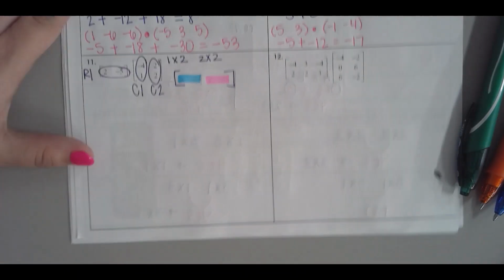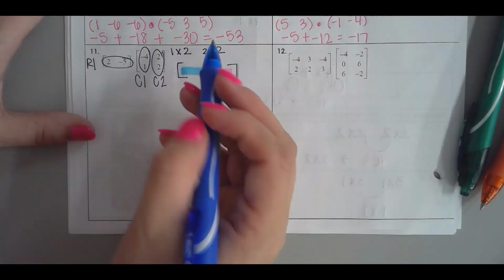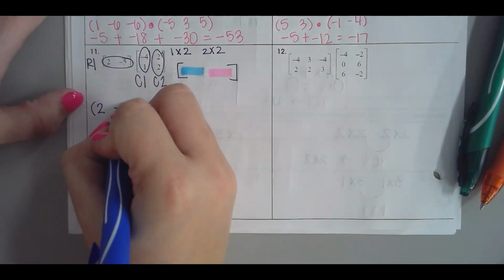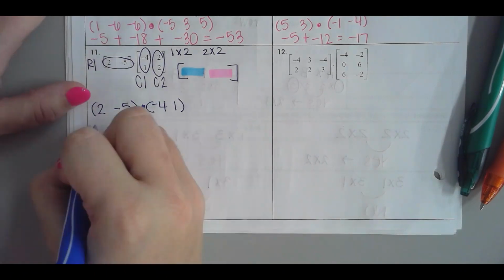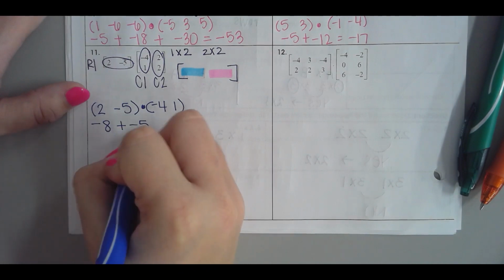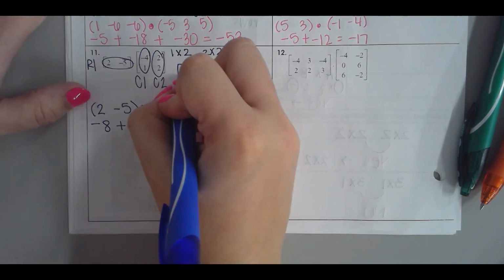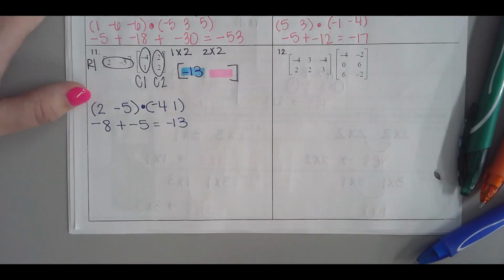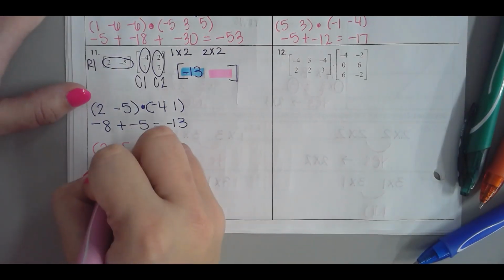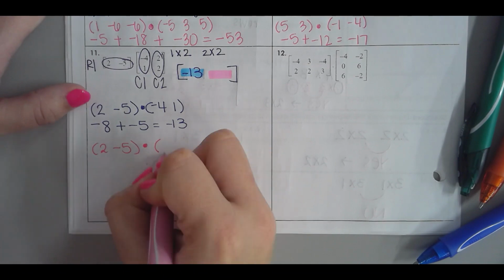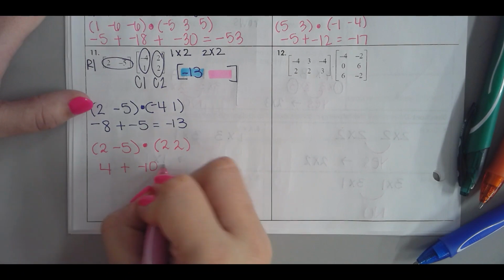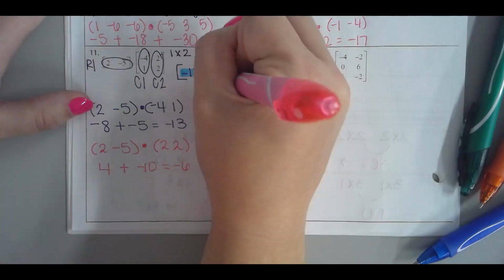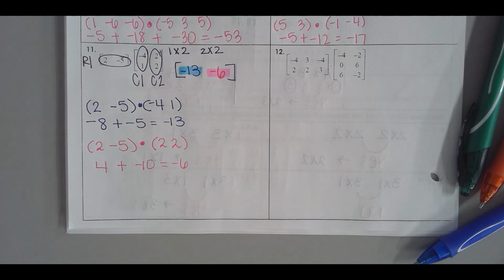So this one will be easy. So we have row 1 dotted with column 1. And row 1 dotted with column 2. Negative 13 and negative 6.